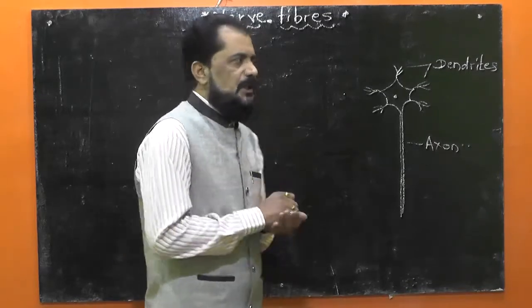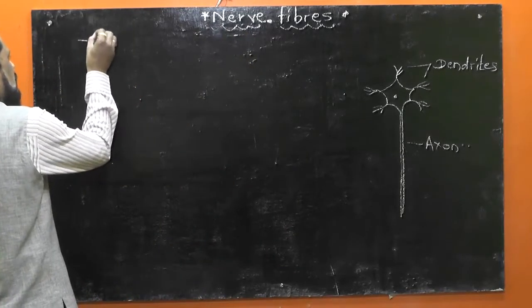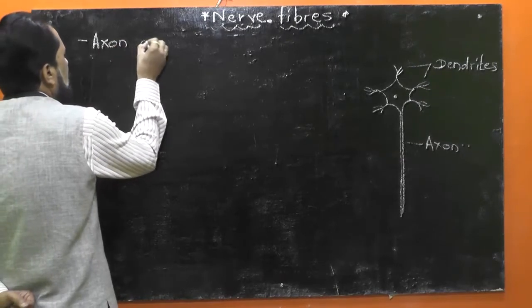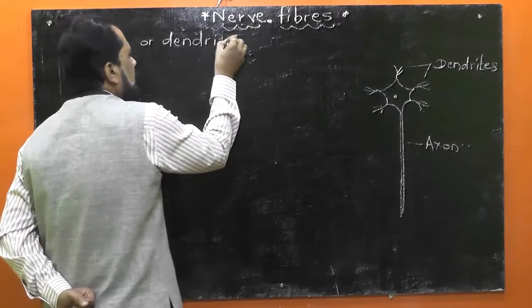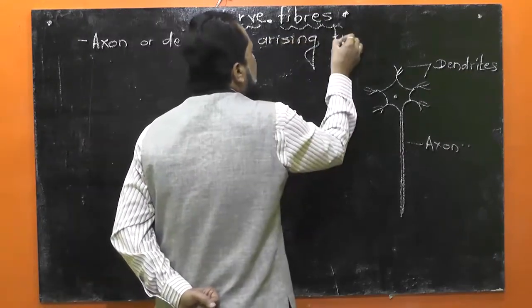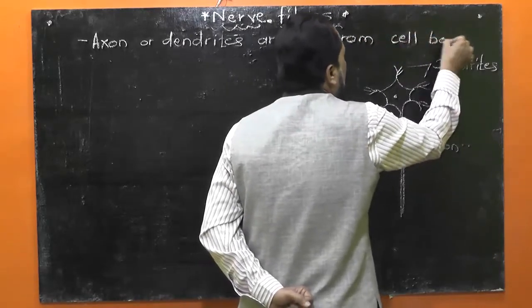So initially we have to learn what is nerve fiber. Nerve fibers are nothing but axon or dendrites arising from cyton or cell body of neuron.